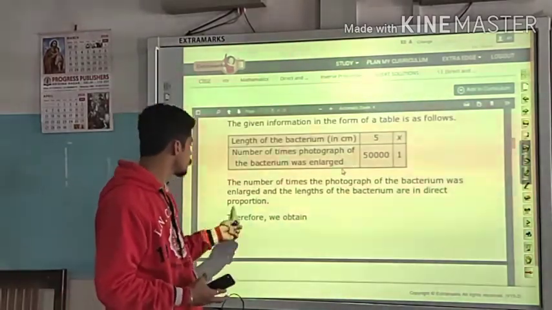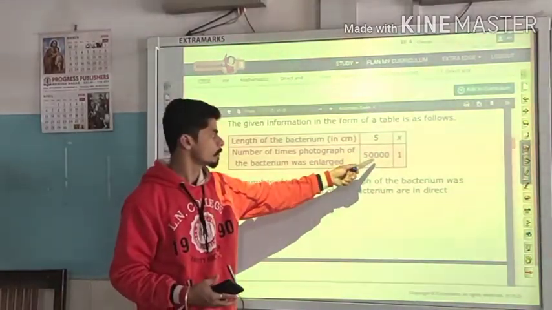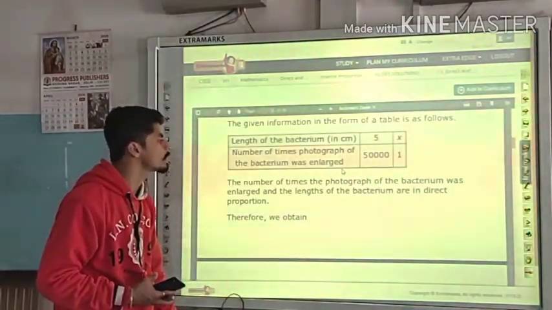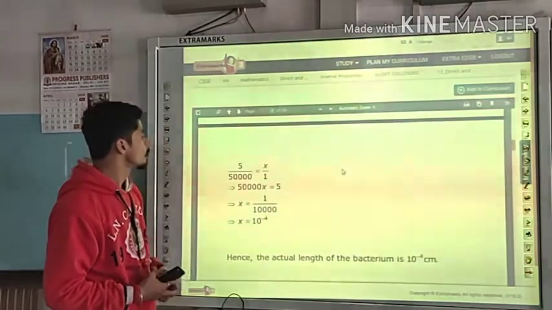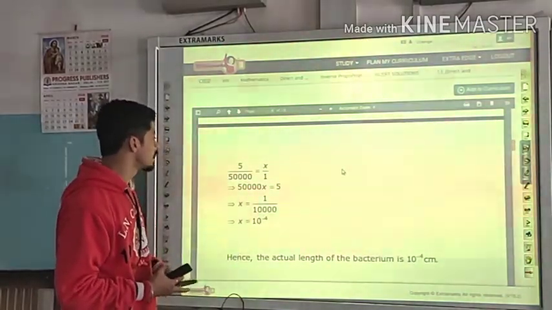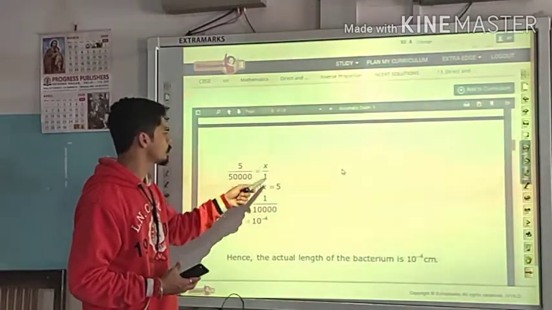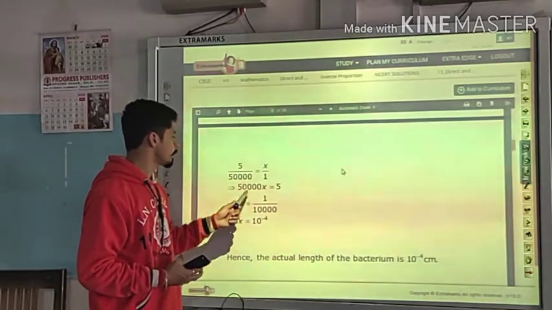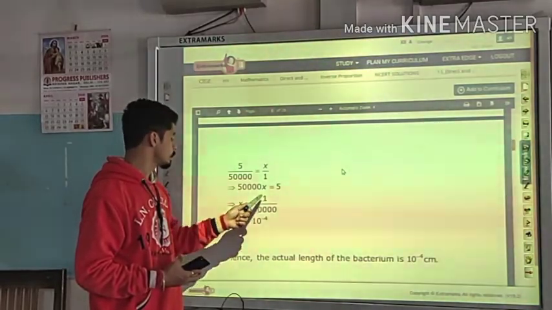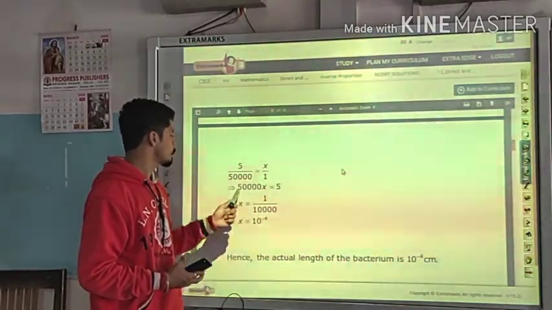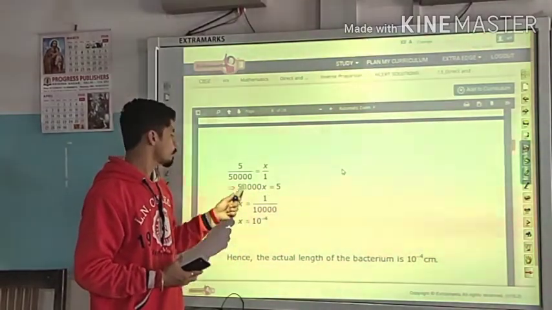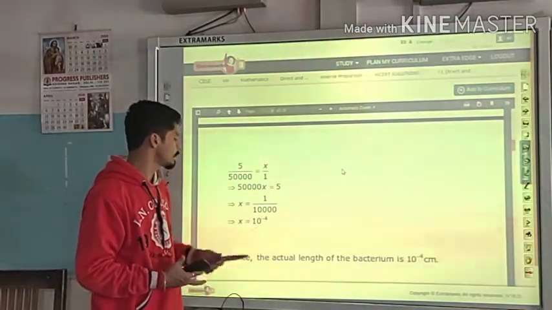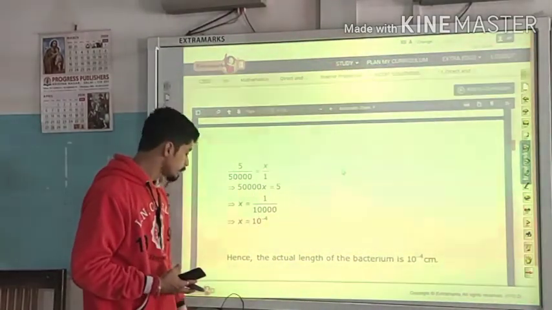This is in direct proportion. So 5 ratio 50,000 is equal to x ratio 1, and it will be cross multiplied and we have to find the value. x is equal to 5 upon 50,000, which is 1 upon 10,000, because 50,000 will be transferred from LHS to RHS, multiplication to division, and 5 will divide 50,000 by 10,000 times.